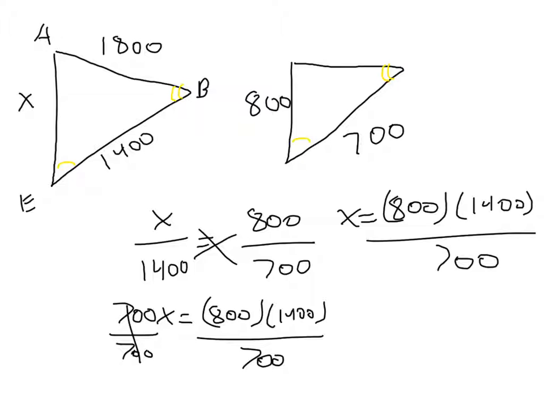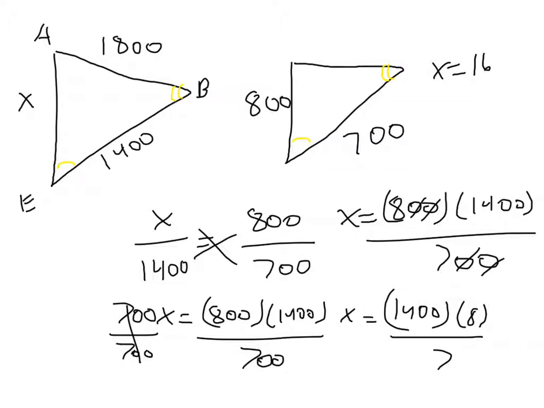Just do this. Take off some zeros here, and we'll take them off on this 8 here as well. This now becomes 1,400 times 8 and divide that by 7. It will help make your life a whole lot easier in the end, trust me. I trust you can do that. But in the end, we'll end up getting a value of x equals 1,600, which fits our picture.